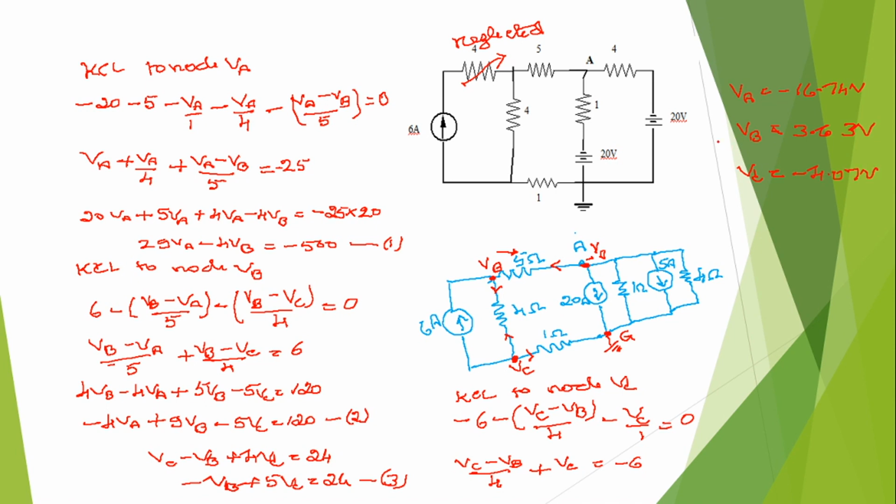So what is the ask? VA with respect to ground. This is only VA with respect to ground. So VA equal to minus 16.74 volt. By mesh analysis also I got minus 16.74 volt. With node voltage analysis also I am getting the same, because whatever method we use, the answer should remain the same.